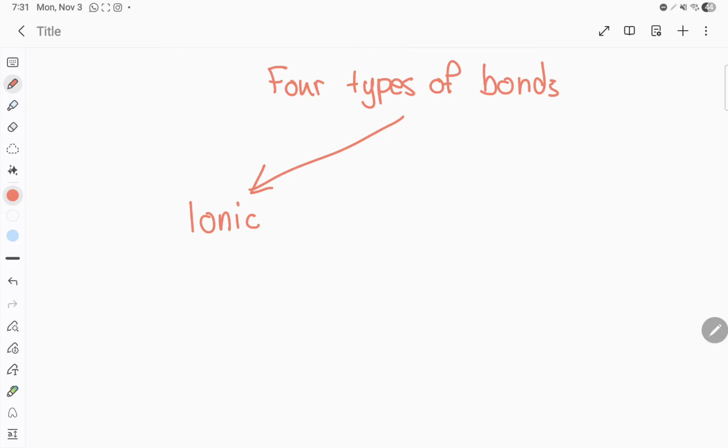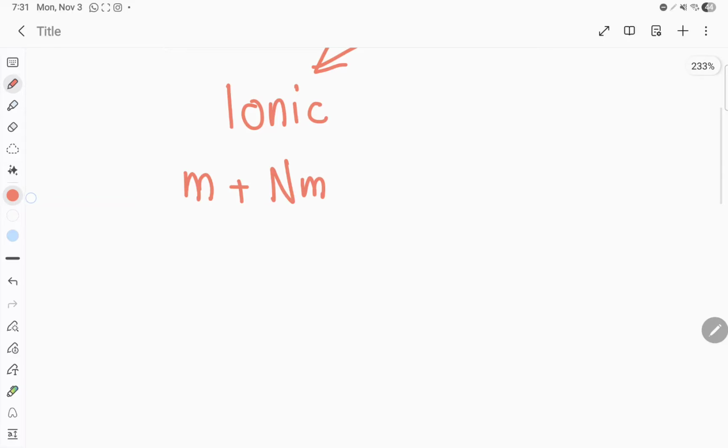So it's when it's between a metal and a non-metal, and it's the losing or gaining of electrons. Metals will always lose electrons.